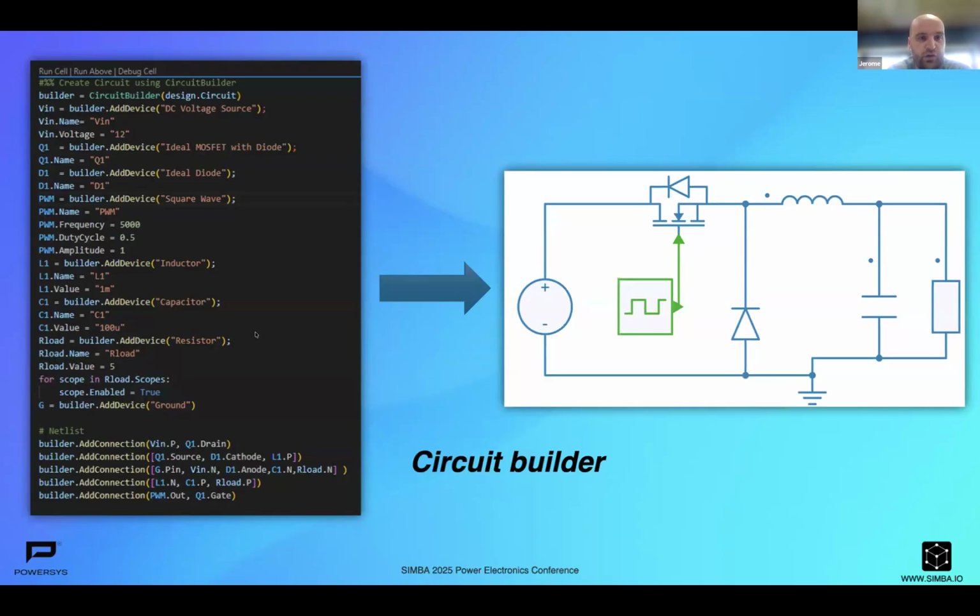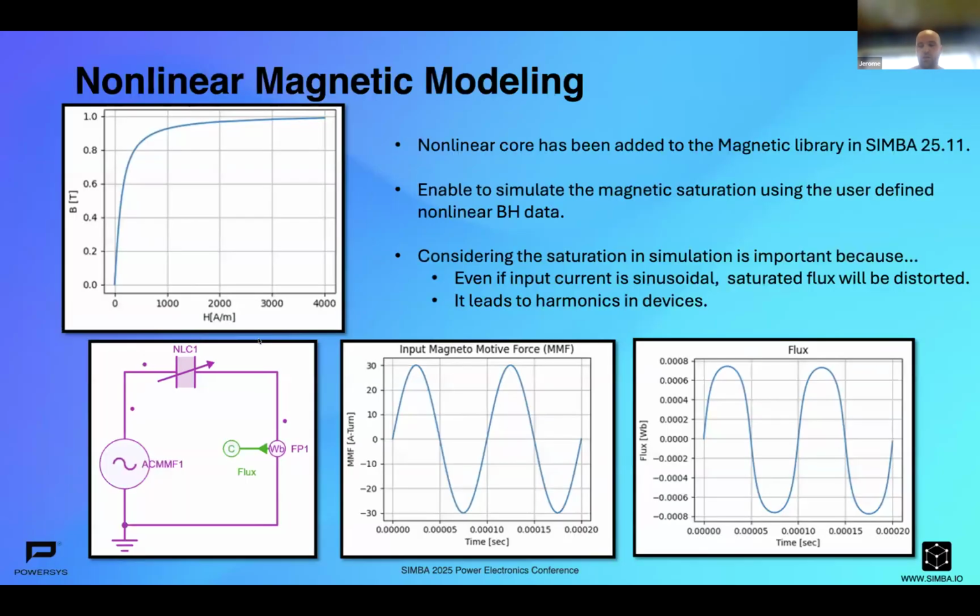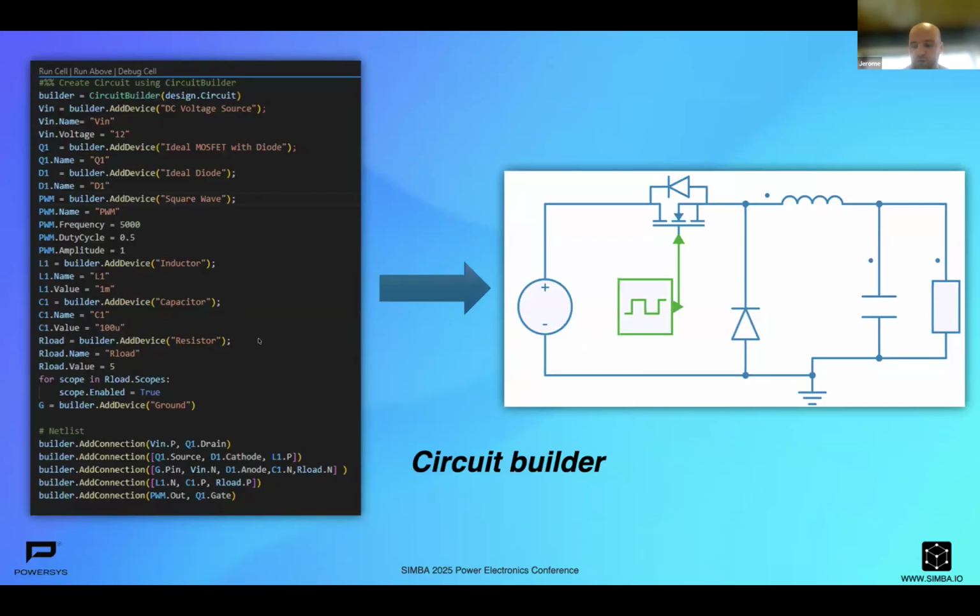You define the devices and the constraints of your design, and the circuit builder will automatically place the devices respecting classic building rules. And of course, the 25.11 release also includes numerous bug fixes and performance optimizations across the GUI, the solver, and the SPICE models.